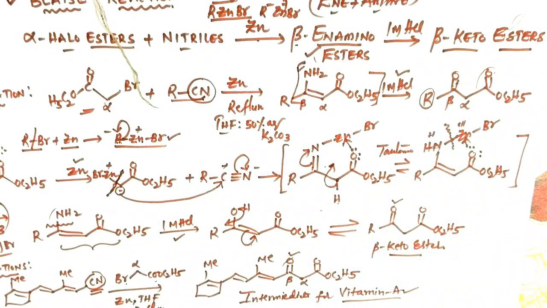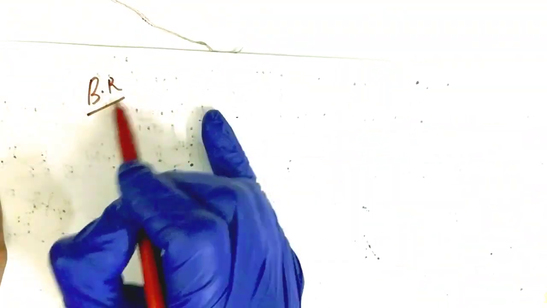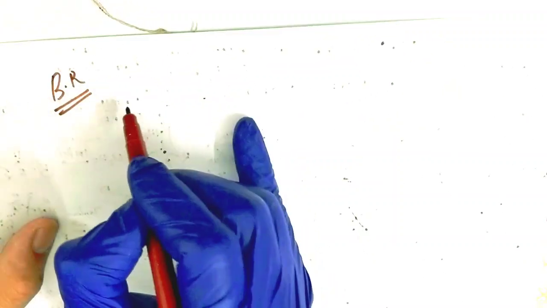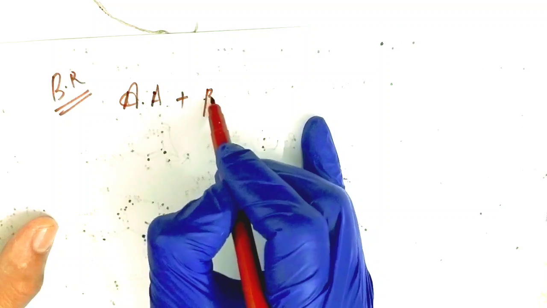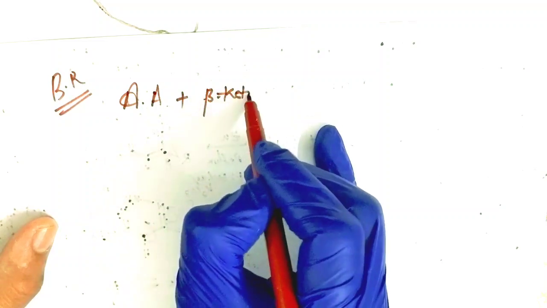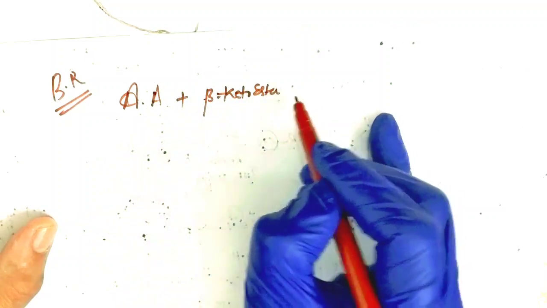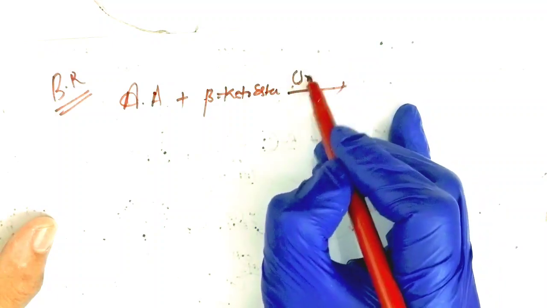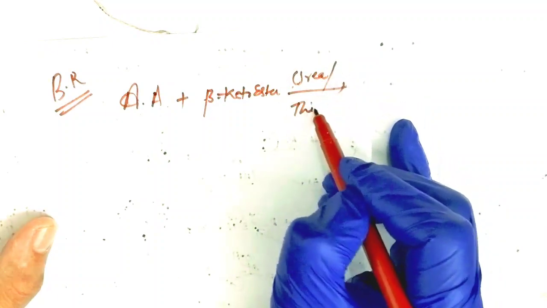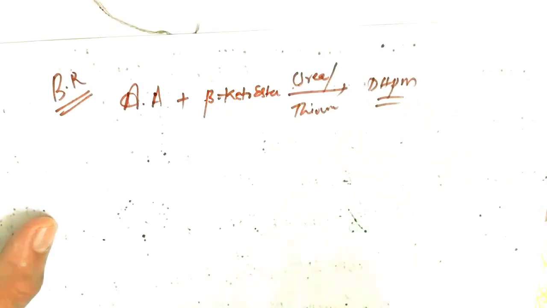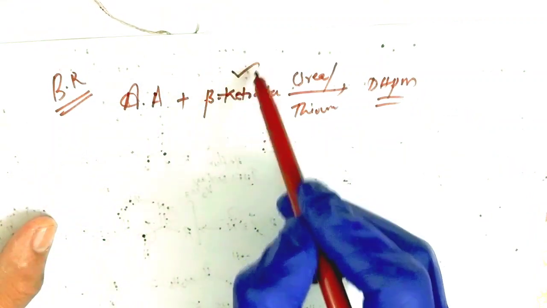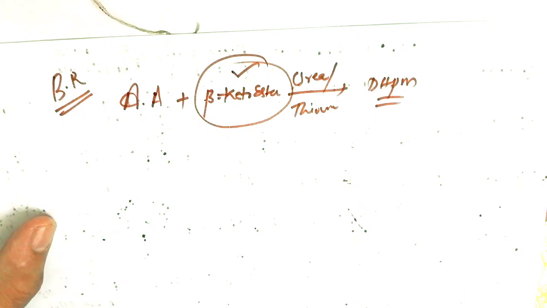As far as research is concerned, we have a popular name reaction commonly called Biginelli reaction. In the Biginelli reaction, what happens? Aromatic aldehydes are treated with beta keto esters in presence of urea or thiourea to produce dihydropyrimidinone derivatives. So here we need a variety of beta keto esters.